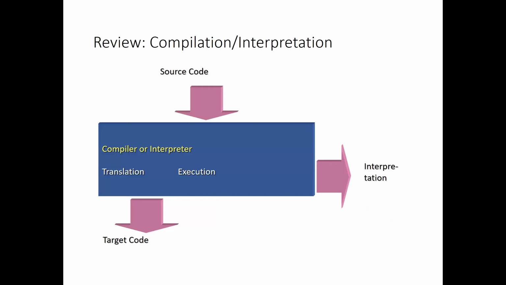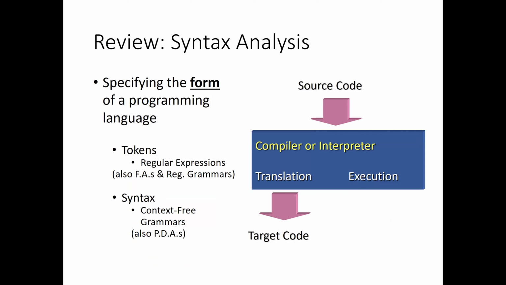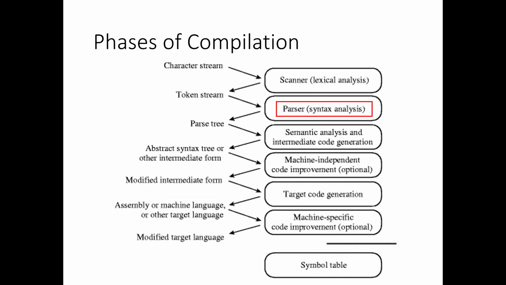In the last video, we discussed what is compilation and what is interpretation. I hope you understand them well. Next, we discussed a small example: what is a token, what is syntax, and what are the different phases of a compiler.